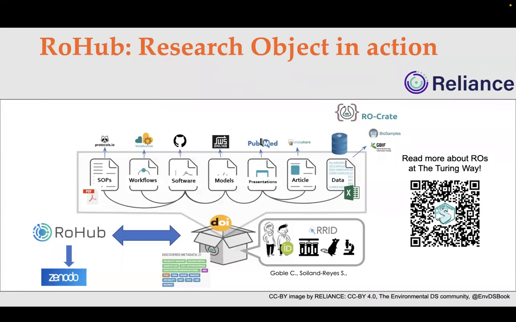So here, this is a research object with a different view, and this is really to show you that in a research object, you can aggregate different types of resources. For instance, at the beginning of your research, you may only have some IDs, some bibliographical resources, and then you can add some data, then you have maybe some software, models, workflows, services, and all these different resources can be linked to each other.